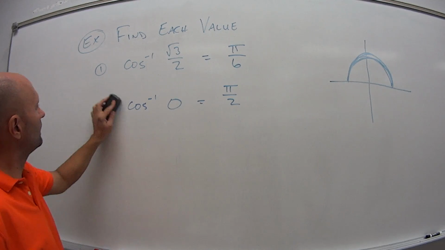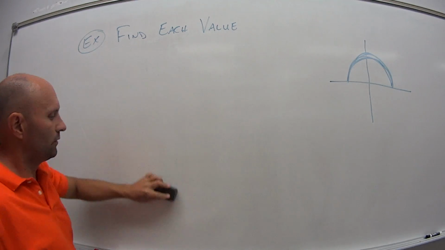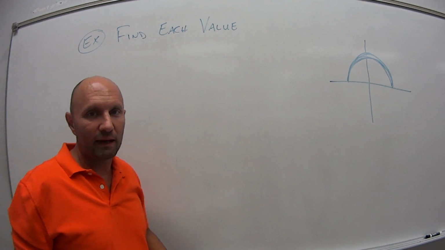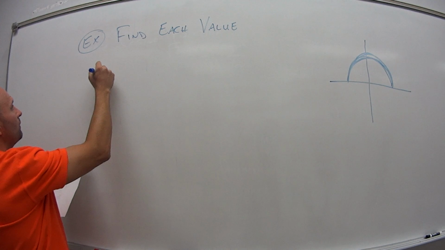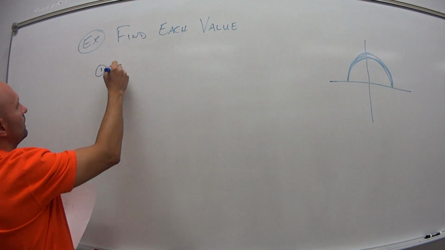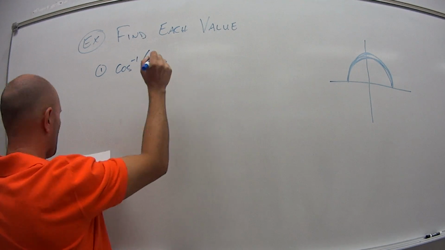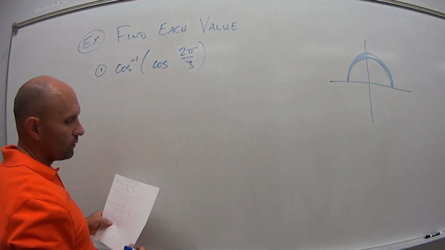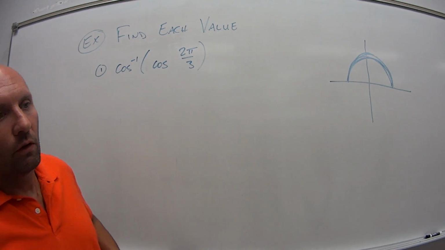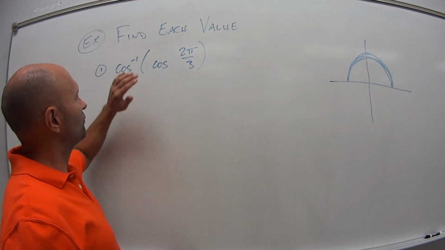All right, and let's try a couple more here. Similar to the last problems that we looked at in the first video for inverse of sine. Again, let's say we want to find each value, and we want cosine inverse of cosine of 2 pi over 3. So just as in the inverse sine function, we're going to do this sort of in two parts.